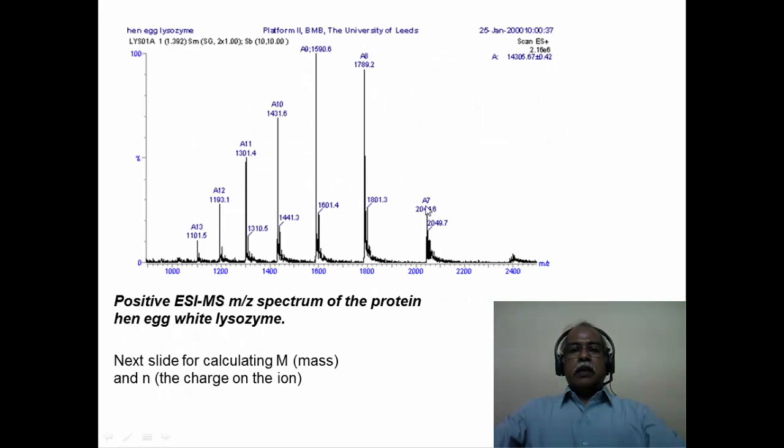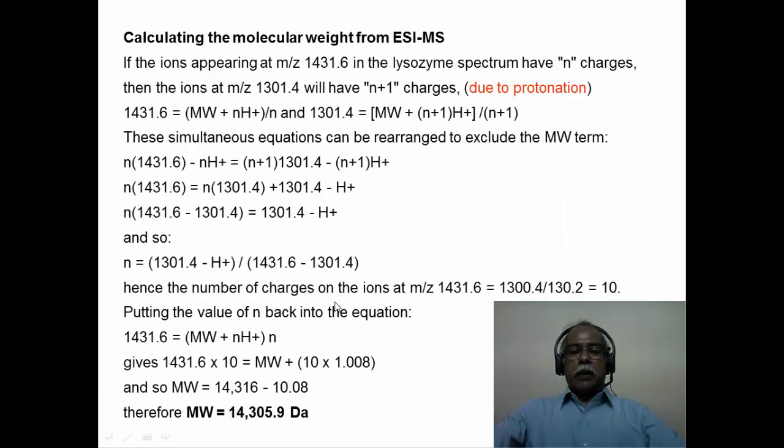So, one need not actually know the charge of the particular ion, but what one needs to know is that the adjacent ions are going to be 1 charge more or 1 charge less, going on either side of the spectrum, starting from, let us say, the most abundant ion in this particular case. So, it is fairly easy to calculate the number of charges and finally arrive at the molecular weight of this particular enzyme.